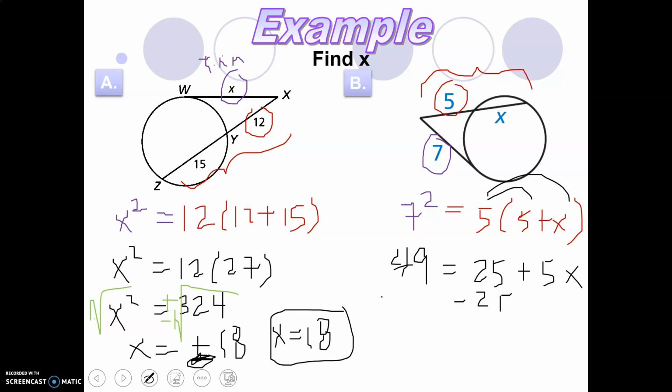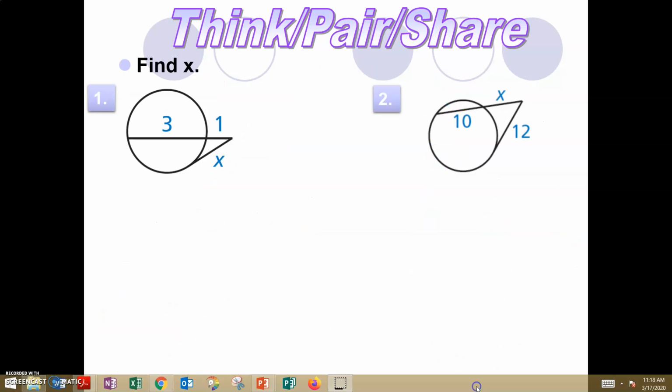Subtracting 25 from both sides gives us 24 equal to 5x. And dividing both sides by 5 will give us a decimal answer of 4.8. All right, so pause the video right here and try these out, and we'll check back in a little bit to see how you did.